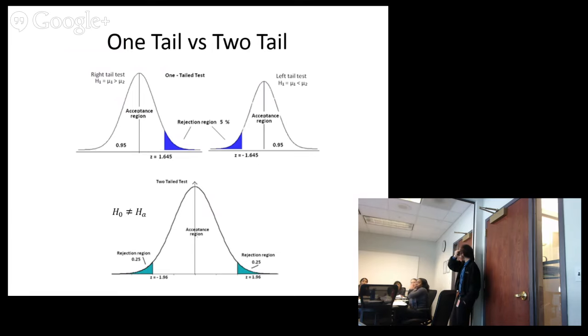So based on this, is that a one-tail or a two-tail? One tail. The two-tail is the case of not equal. The alternative here is less than.